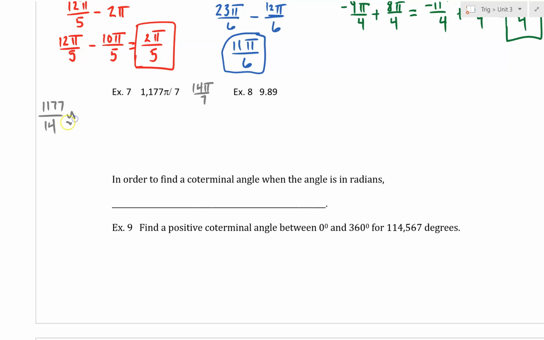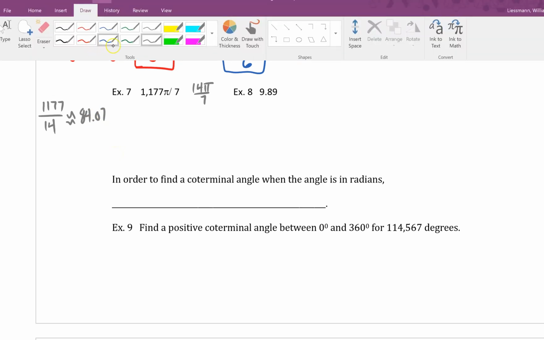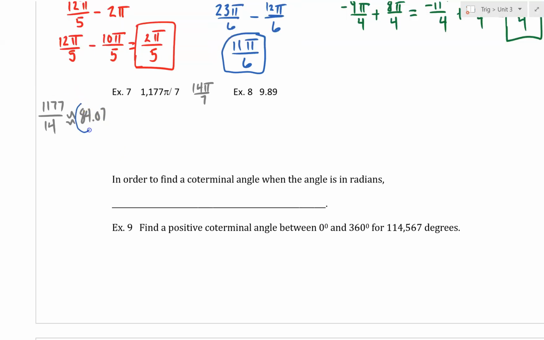If you divide by 14, you're going to get approximately 84.07. Now, this is the part that you're interested in right here, the 84. You don't care about the 0.07 here. This is already bigger than it would be to go 84 times around the circle here. So in order to get this understanding in your head, I don't want to go past that.